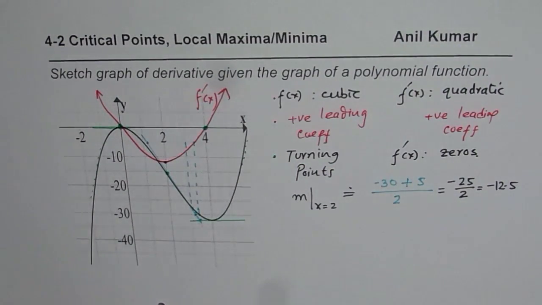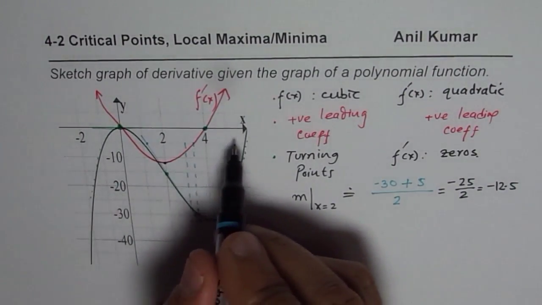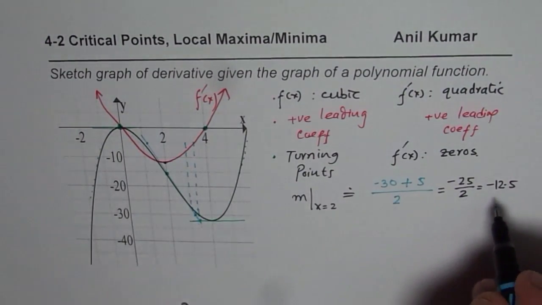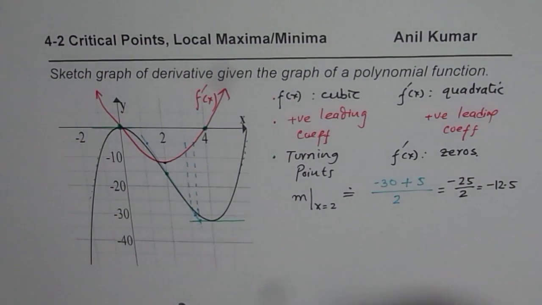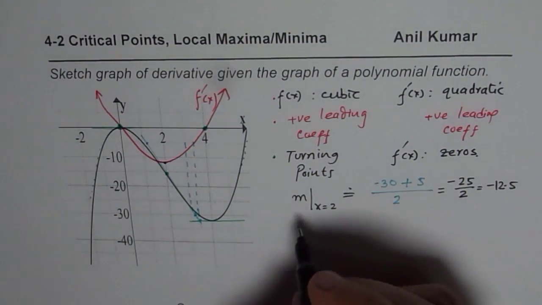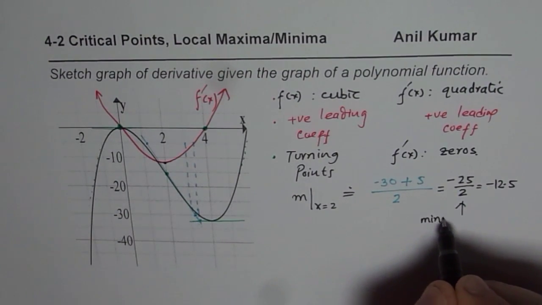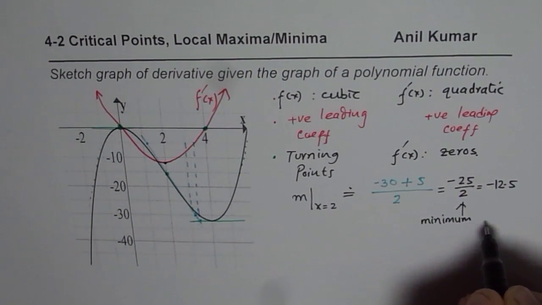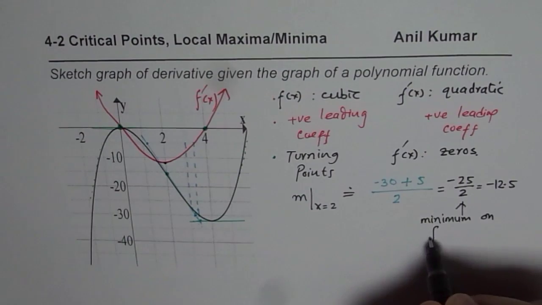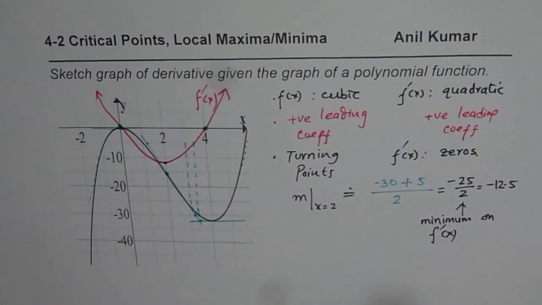Do you get the idea? So from the slope at the midpoint on this curve, we get the approximate value of the minimum of the derivative of the function.